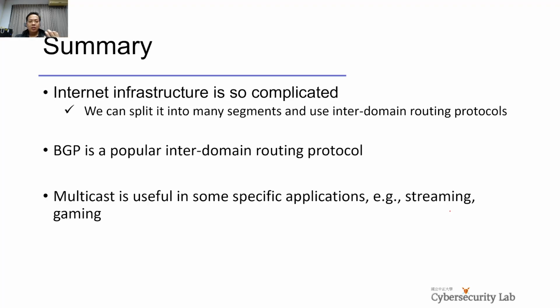But if multicast wants to work on the internet, the multicast router needs to have a special address like class D. And if someone wants to join this multicast group, they need a special protocol like MLD to join, leave or subscribe to that group.